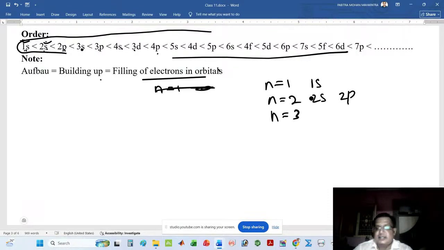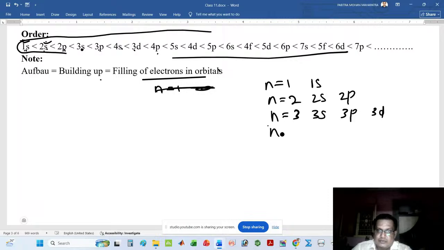Don't think that it is very critical. It is very easy to remember. You should write in a particular row and particular column. If n is equal to 3, then you can write 3s right below the 2s. Next, write 3p here. Next, give space, then write 3d.